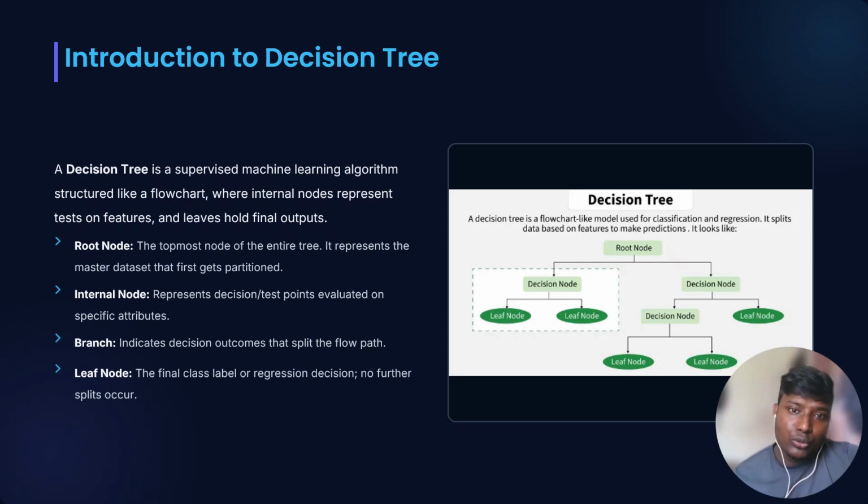Branches are the outcomes of your tests. If the test is whether it is sunny, then the branches are the answers yes or no. They split your path. Leaf nodes, this is the end of the line. A leaf node holds the final classification or decision. Once you hit a leaf, there are no more questions to ask. You have your answer: play or don't play.